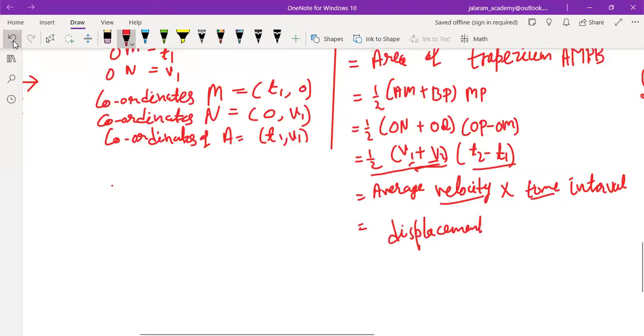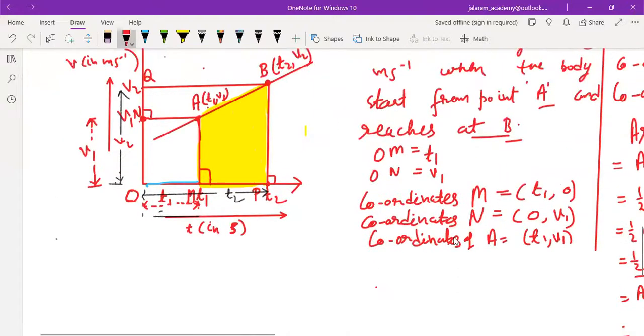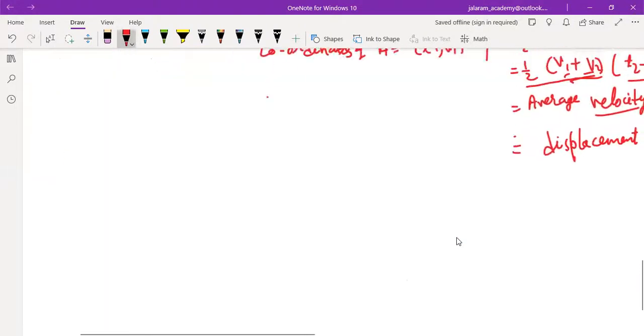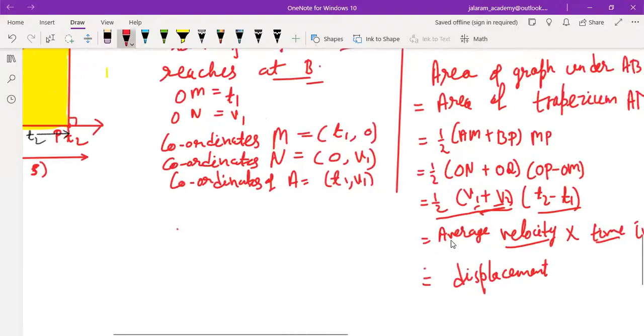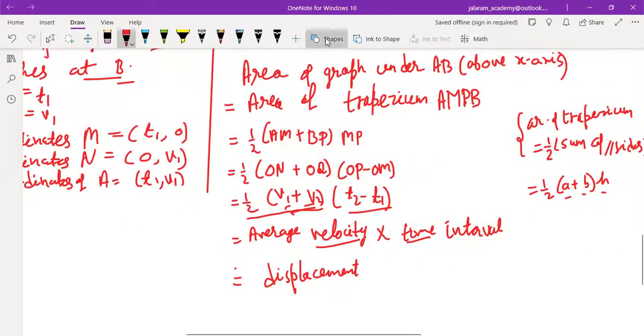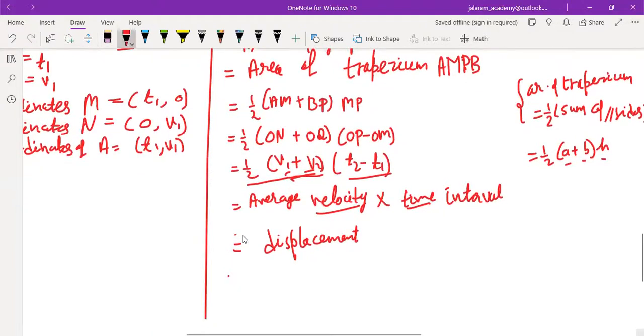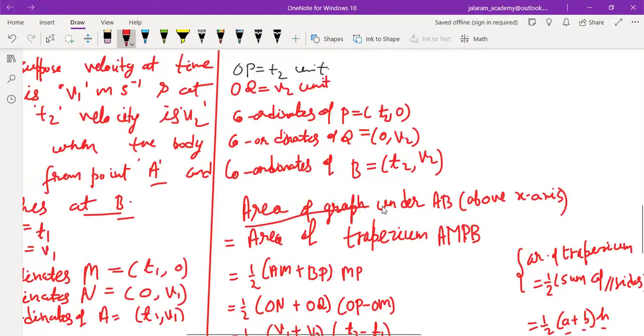It means that in velocity time graph, we can find the displacement using area under the velocity time graph. In velocity time graph, we can find the displacement by finding the area under the graph.